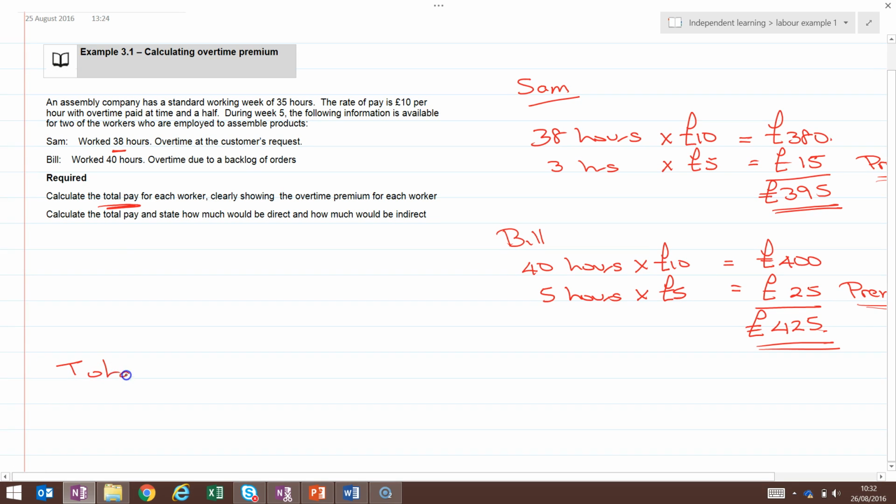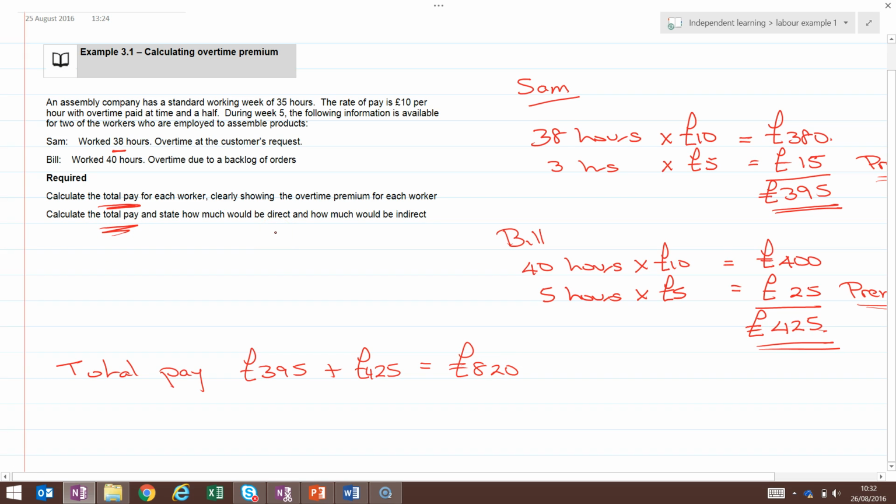Right, so total pay, £395 plus 425, £820. So we've calculated total pay.